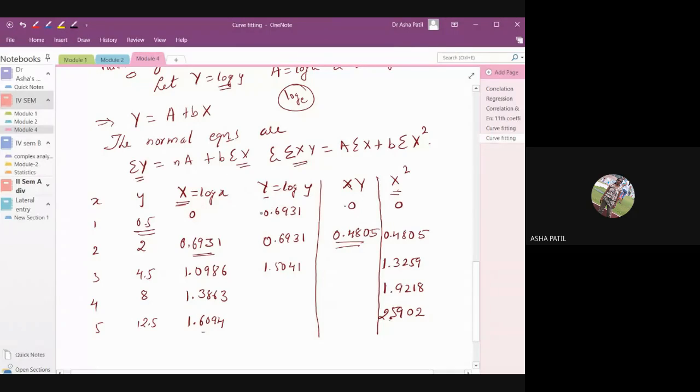Tell me the next values. 2.2623. With square of this, 2.6. 2.2623. 1.6520. Madam, 1.6523. 1.6520. Which value?